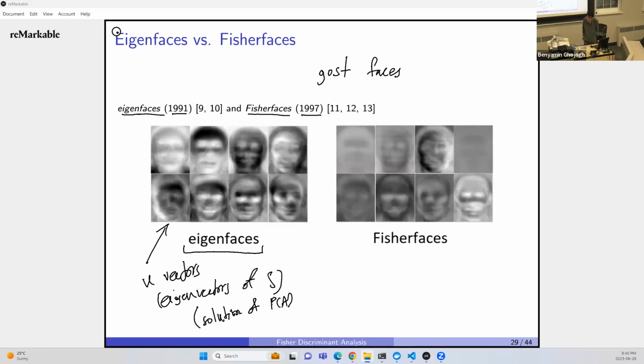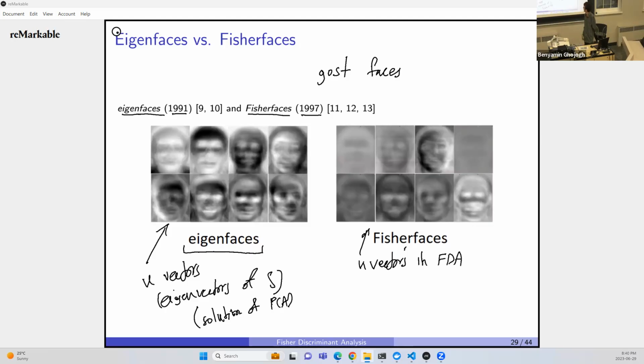Okay? Another thing, I do FDA. Again, I reshape them to become vectors. I do FDA. I find some U, I reshape them to become like images again, and I show them. These are the U vectors in FDA.